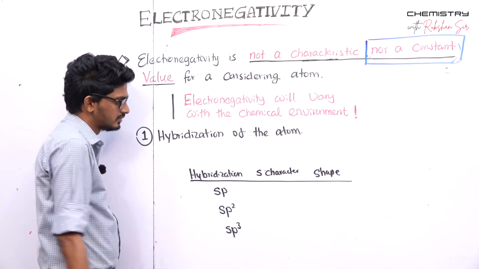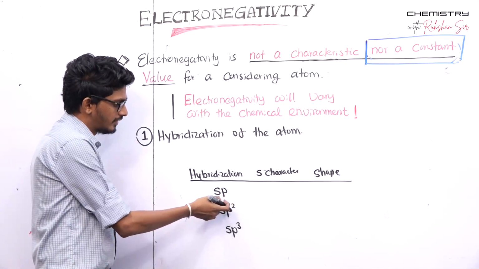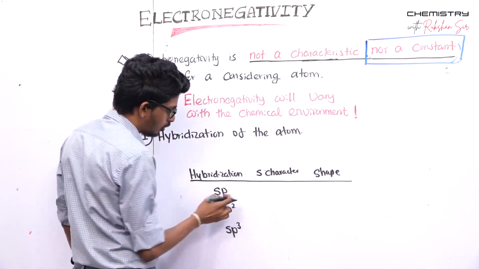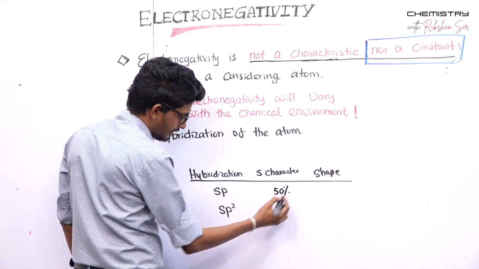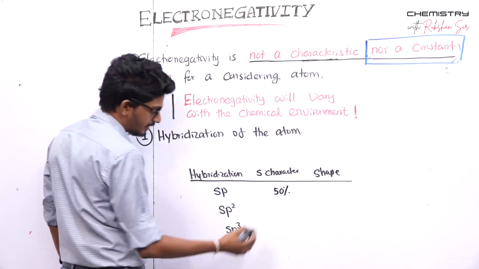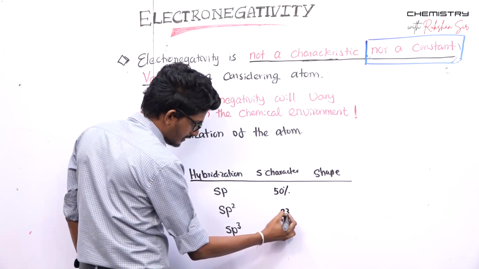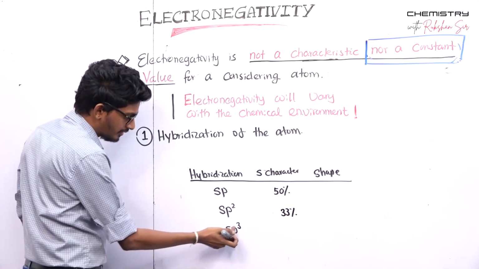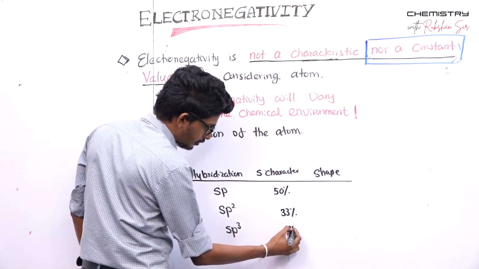In sp, out of 2 orbitals, you have 1 s orbital, so the s character is 50%. In sp2, out of 3 orbitals, you have only 1 s orbital, so the s character is 33%. In sp3, out of 4 orbitals, 1 s orbital and 3 p orbitals, the s character is 25%.